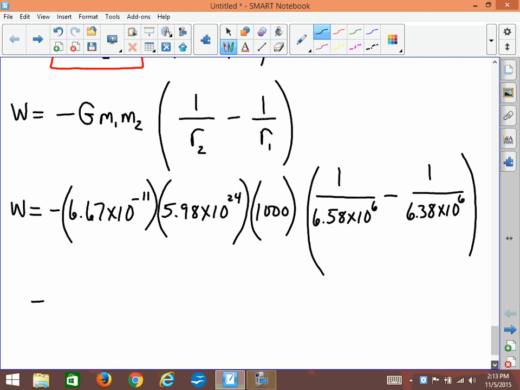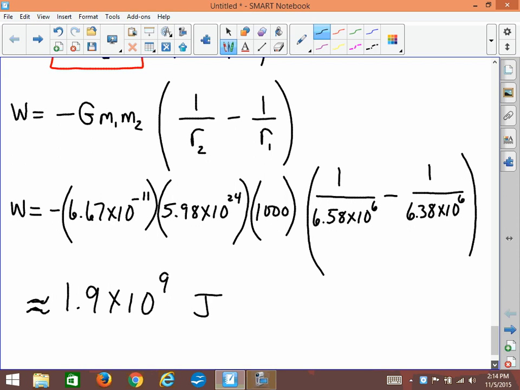Okay, now you can crunch out all these numbers, and if you do, depending on what kind of significant digits you use, you will get about somewhere in the value of 1.9 times 10 to the 9-ish. And it will come out to joules. Okay? I'm going to say about.